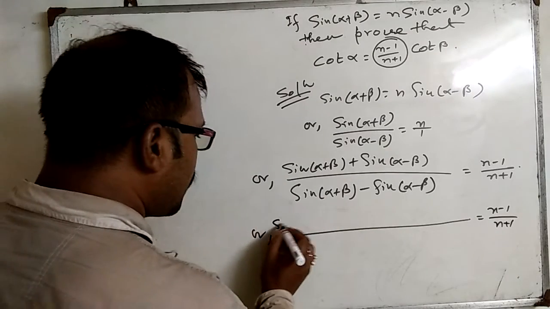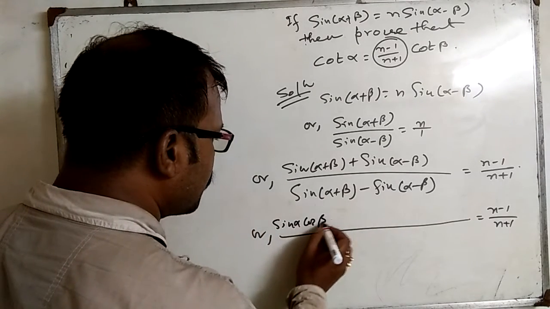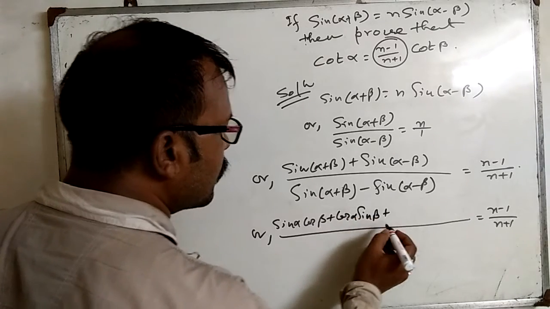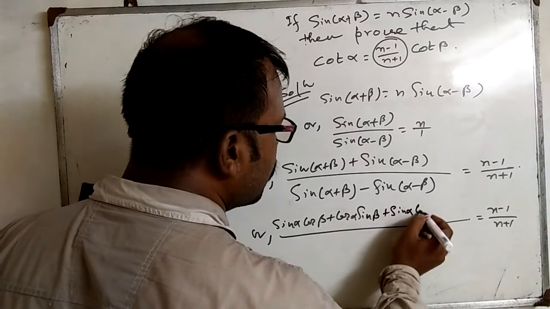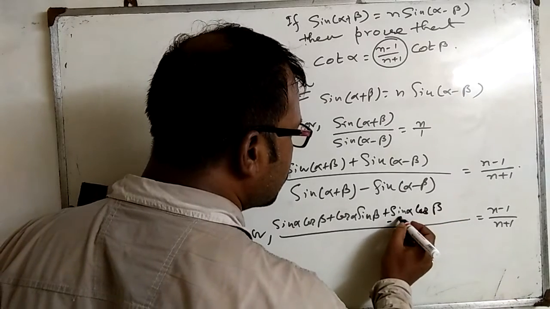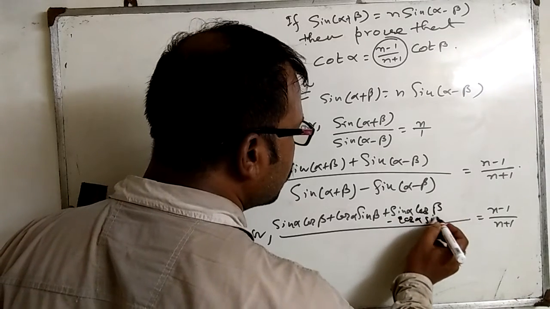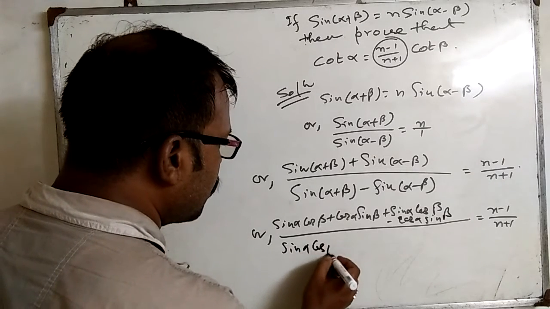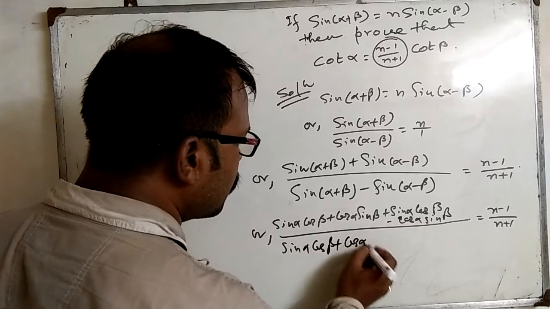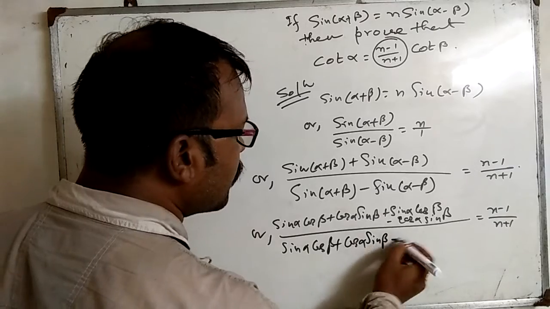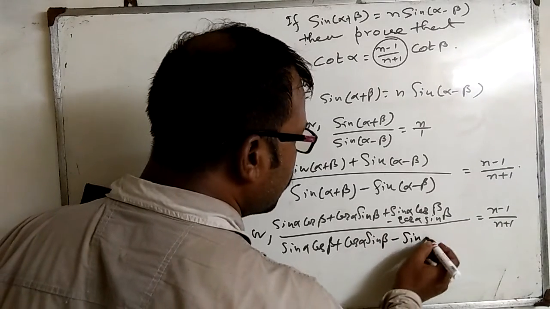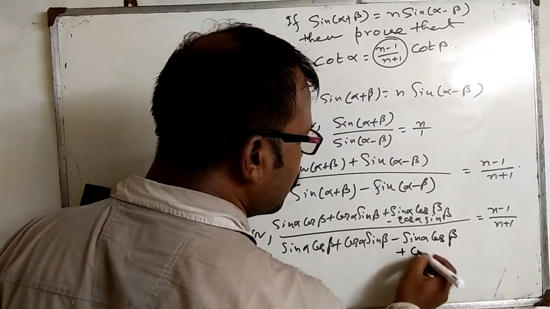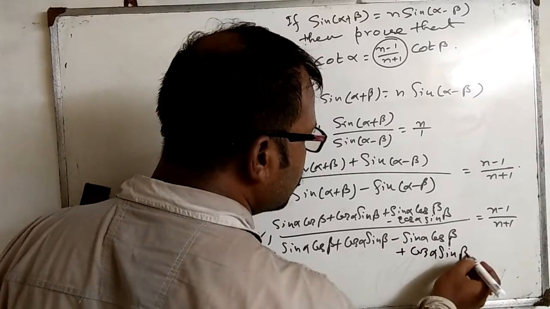So sin of alpha plus beta is sin alpha cos beta plus cos alpha sin beta, and sin alpha minus beta is sin alpha cos beta minus cos alpha sin beta. That will be sin alpha cos beta plus cos alpha sin beta minus sin alpha cos beta plus cos alpha sin beta.